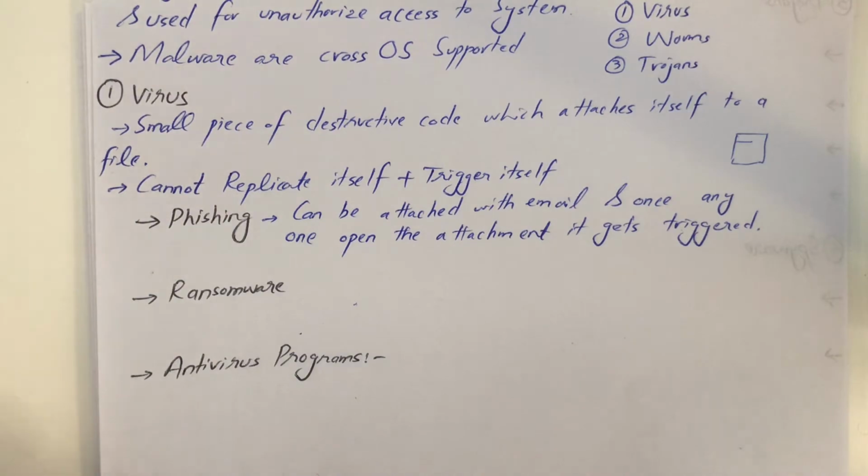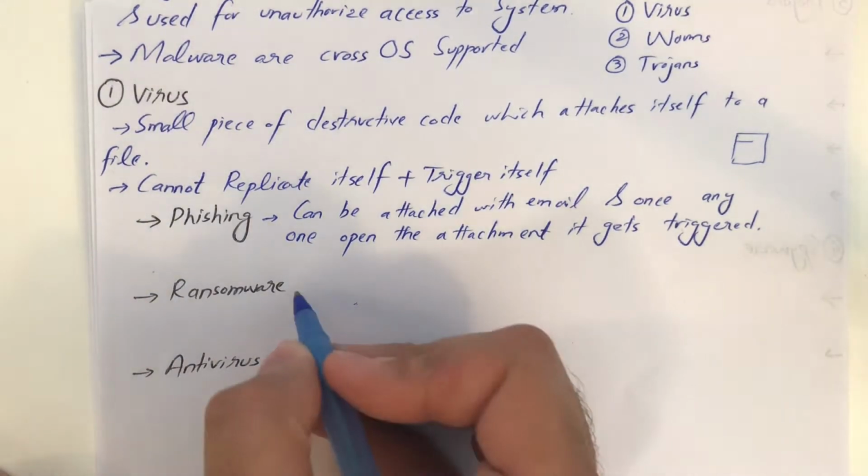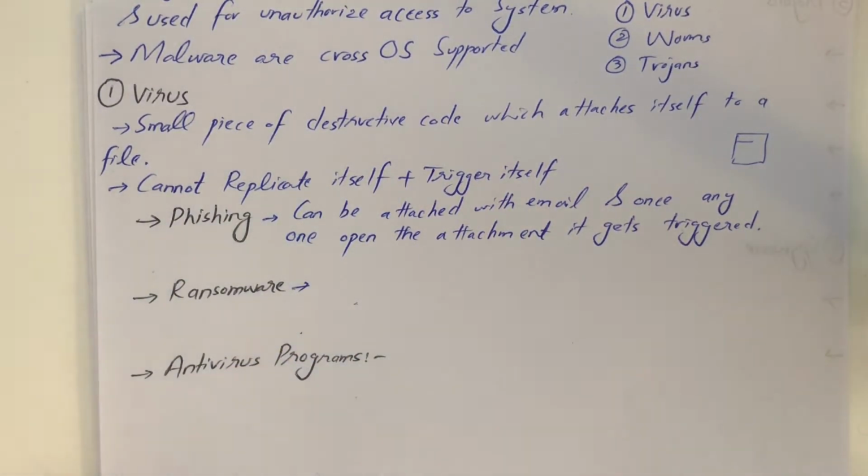Another type of virus is a ransomware attack, which you might have heard about. Ransomware locks the computer and then asks the user for a ransom, or extortion money, in order to give the password back.